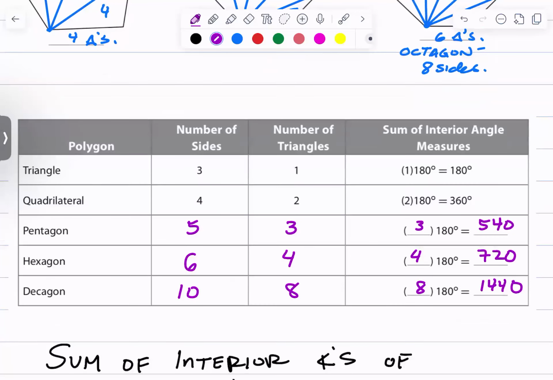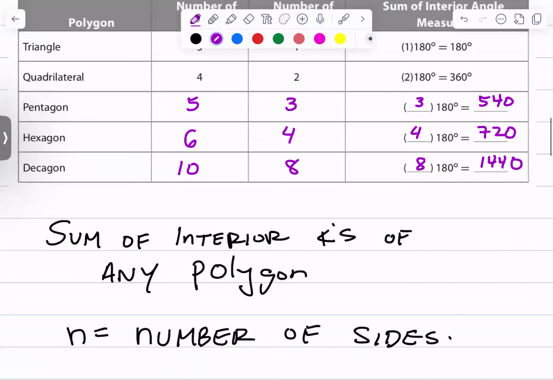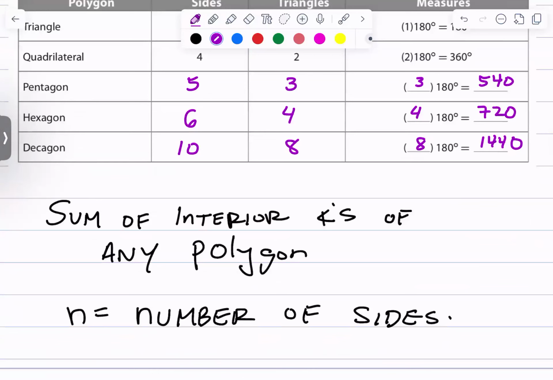So here, since most of us saw the relationship between the number of sides and the number of triangles, there's a general formula that we can follow.